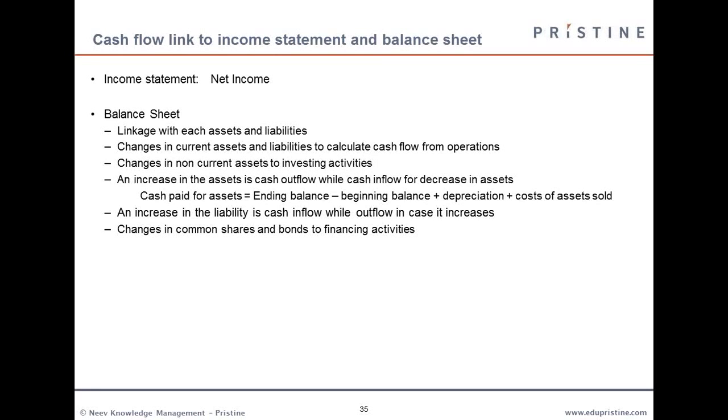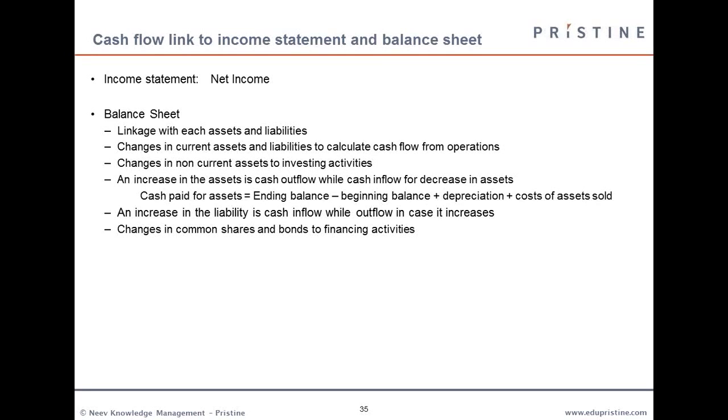So let's see how cash flow statement is linked to the other two financial statements, which is the income statement and the balance sheet. It is linked to income statement through net income. So the net income is the one which is taken from the income statement and used for the calculation of cash flows. And in case of balance sheet, we have linkage with each asset and liability.